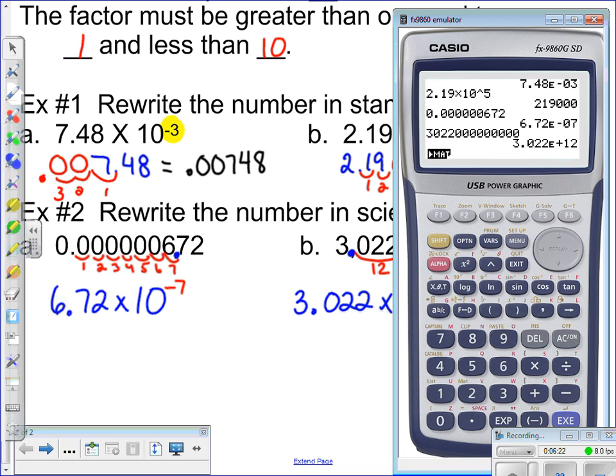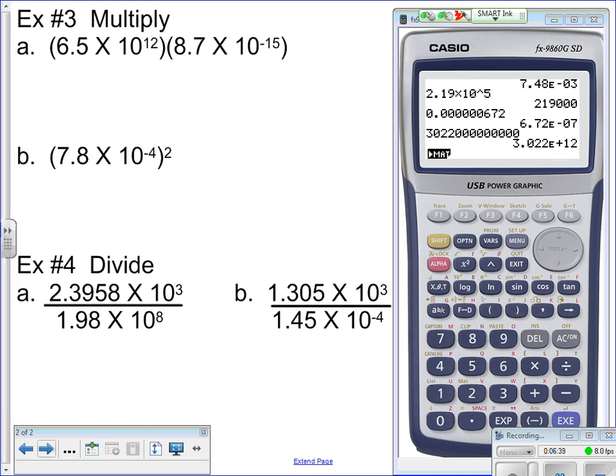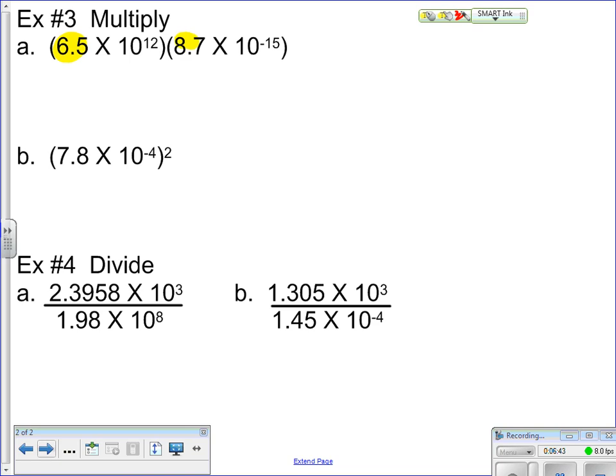All right, second slide. Here are some problems that we need to work out. We have some multiplication and some division problems. Now, if we look at number 3A, we need to take the numbers 6.5 and 8.7.